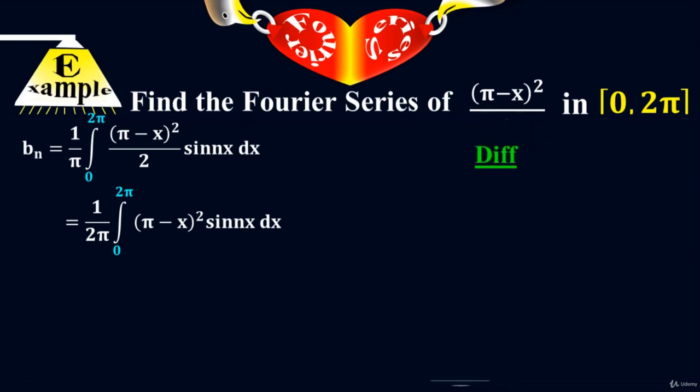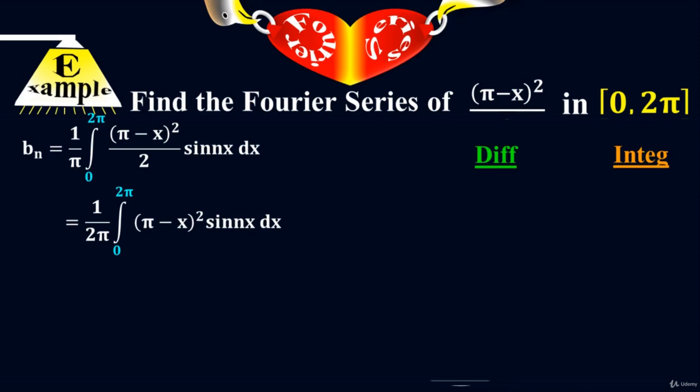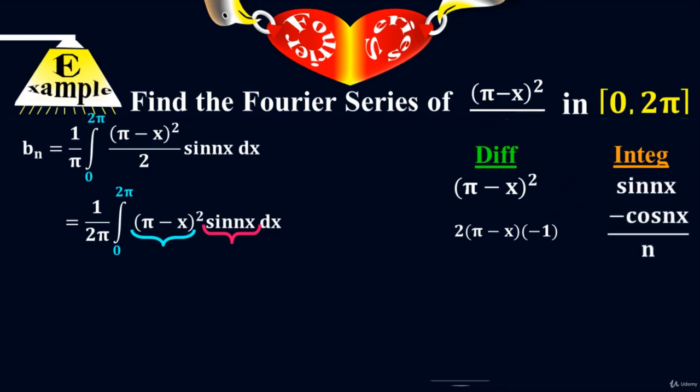Put differentiation at one side, integration at another side. Take the algebraic term under the differentiation panel and the trigonometric term under the integration panel. Derivative of (pi minus x) whole square equals 2 into (pi minus x) times minus 1. Integration of sin nx equals minus cos nx over n.